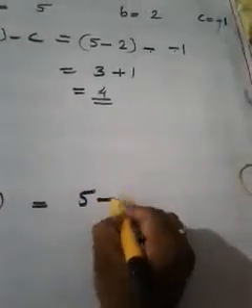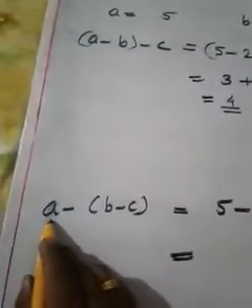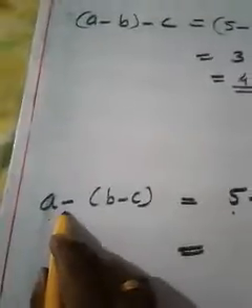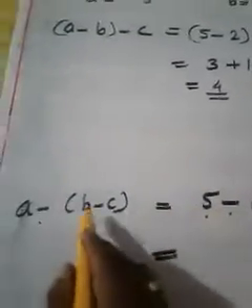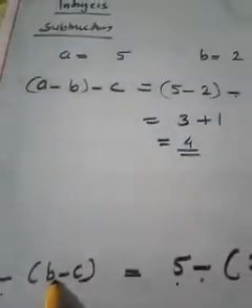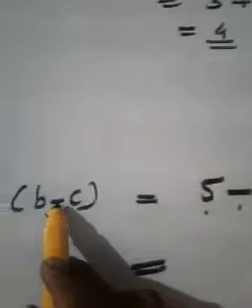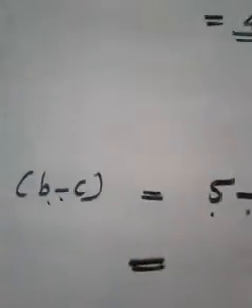And here, what is A minus (B minus C)? 5 minus, what is B? 2, minus, what is C? Minus 1. Listen once again. A is 5, minus as it is, then bracket. B, what is B? 2, then again give a minus. Once again, are you following me?